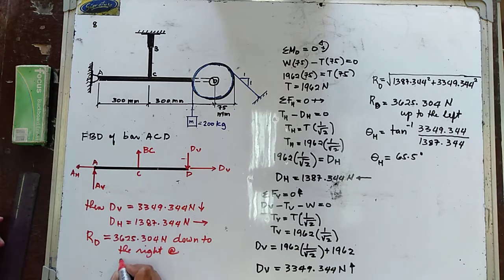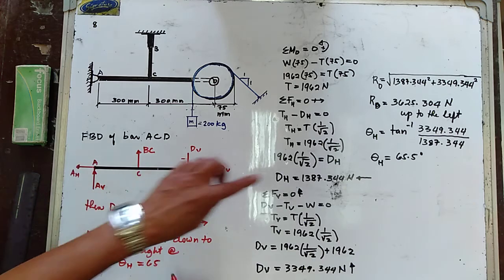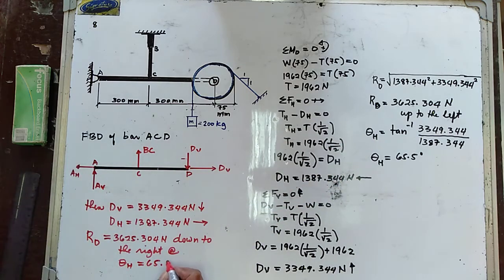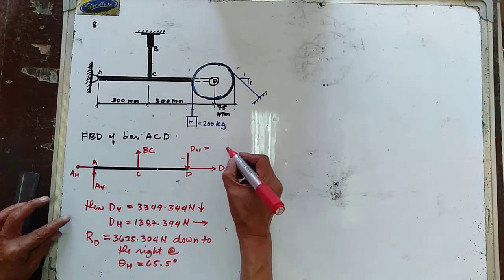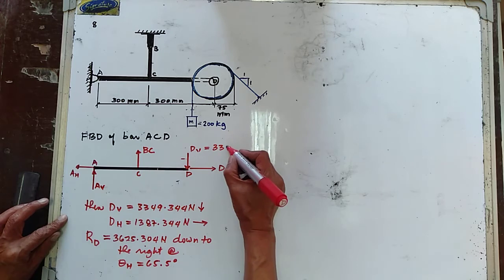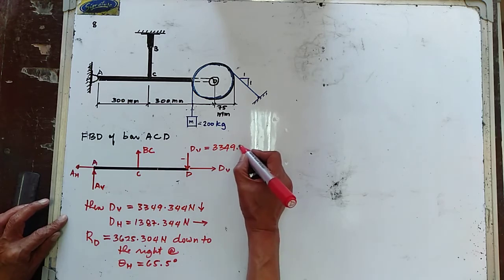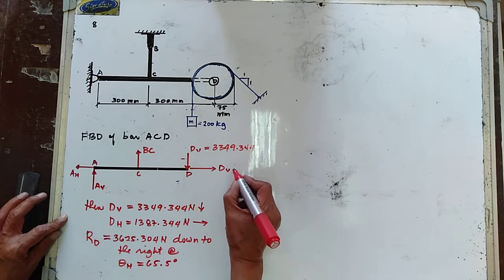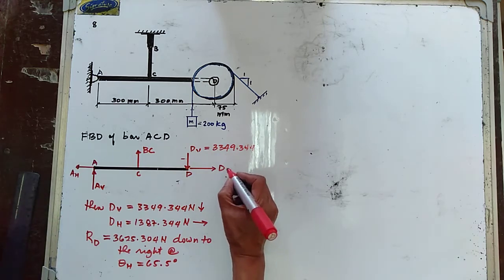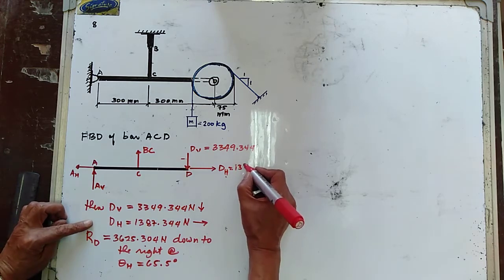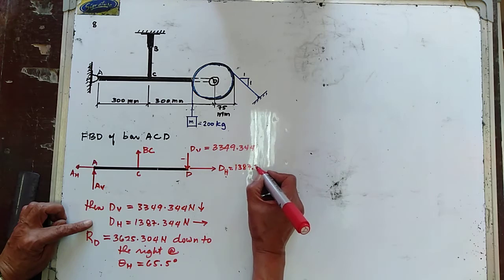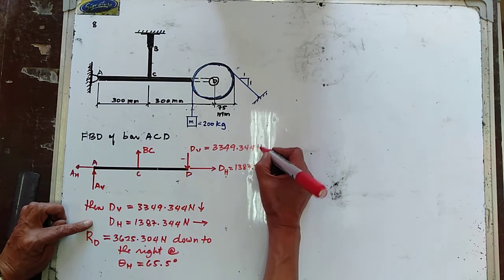Okay, so that at theta H, which is equal to 65.5 degrees. Okay, so your D vertical is equal to 3349.344 newtons, and your D horizontal is equal to 1387.344 newtons.